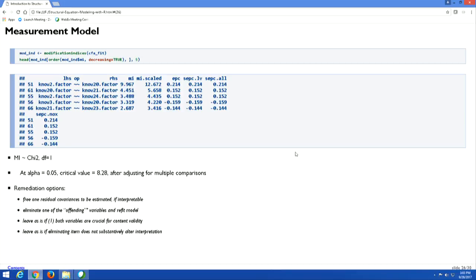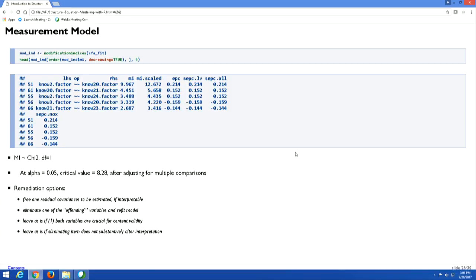So I'm using the modification indices function in R to inspect them. And in this case, I'm just showing you the first 5. And I'm comparing the scaled MI, because we used a robust estimator, against the critical value for a chi-square distribution with 1 degree of freedom, because the modification index approximately follows a chi-square distribution under the null hypothesis.